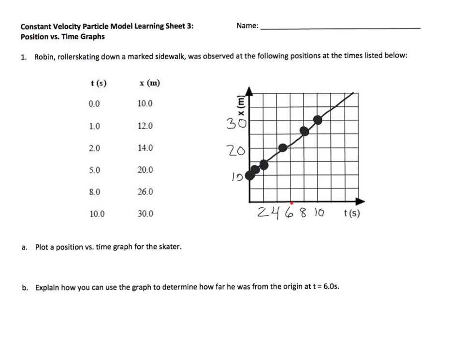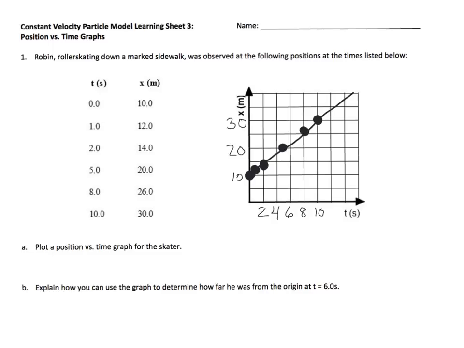So if I come over, right here is 6 seconds, and then I scoot up, I see that I'm a little bit above 20. I can estimate that I'm kind of in the 21 to 22 range. So I get a pretty good estimate from that, knowing that I'm between 20 and 25, closer to 20. And if I had a really nice best fit line there, I could get a really nice estimate.